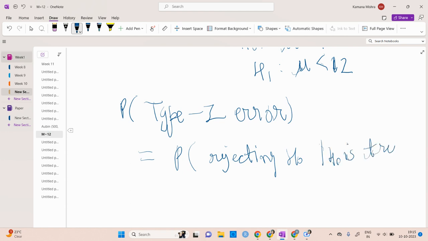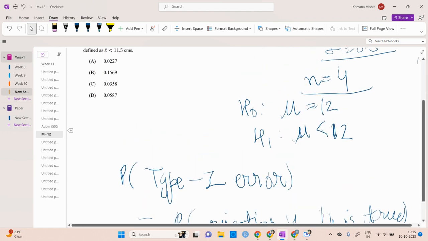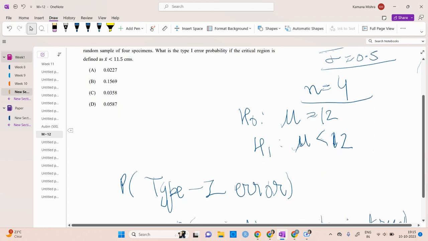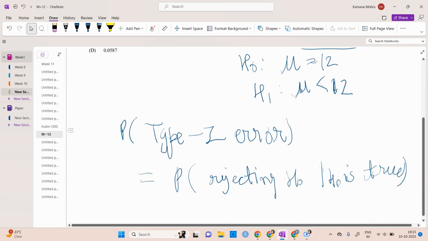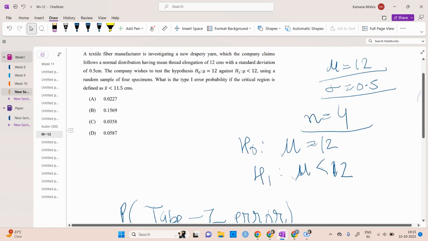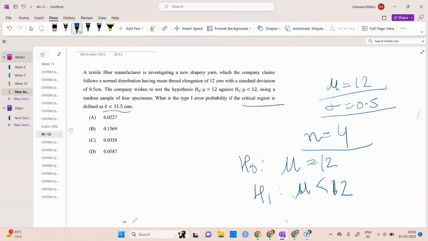H0 is true means given mu is equal to 12, we are rejecting this null hypothesis. Now, one thing given here is X bar less than or equal to 11.5 is the critical region. Critical region means what? If it is in this region, then we will reject, right?